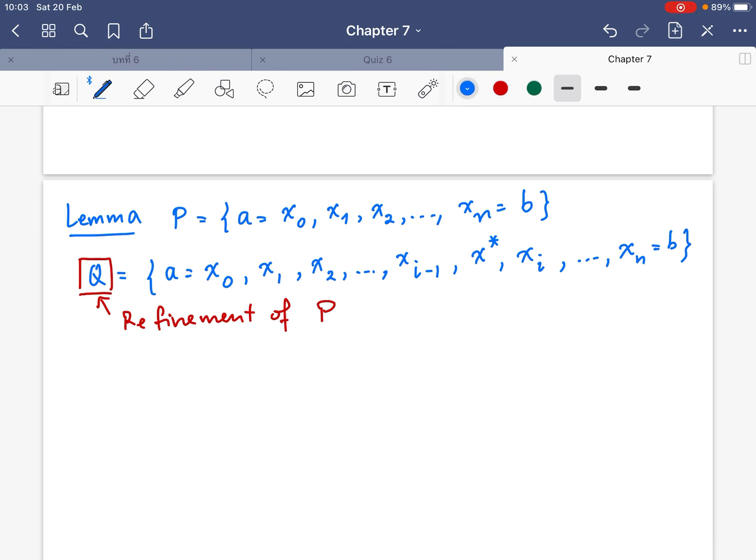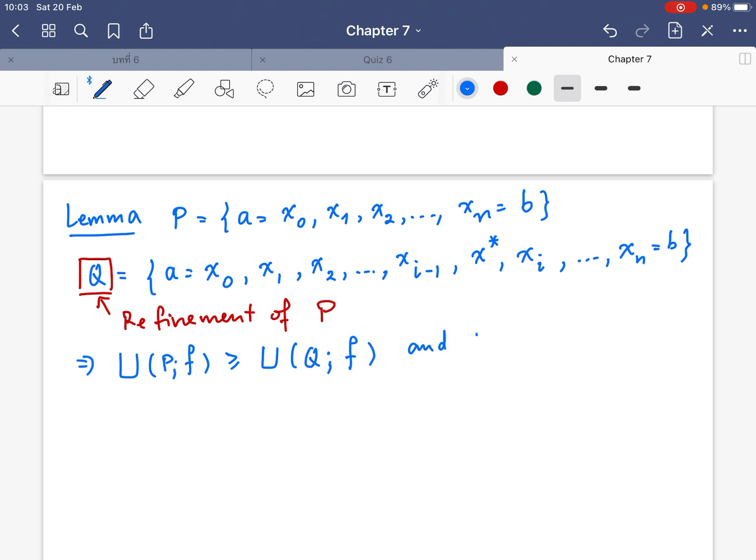If this is the case, then your upper sum over the partition P will always be greater than or equal to the upper sum over the partition Q. So the new refinement will get a smaller value of the upper sum, as we had previously in the example that I just gave you.